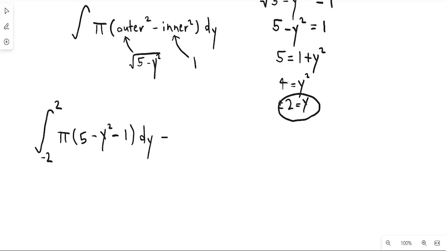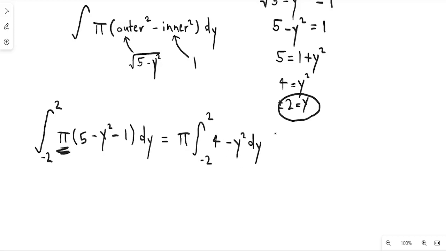So now we just want to simplify. Notice that this pi is just a constant. So whenever you have a constant that's multiplying everything inside the integral, you can just pull that out. So I'll just put the pi out in front. Okay, and then on the inside here, I have 4 minus y squared dy.